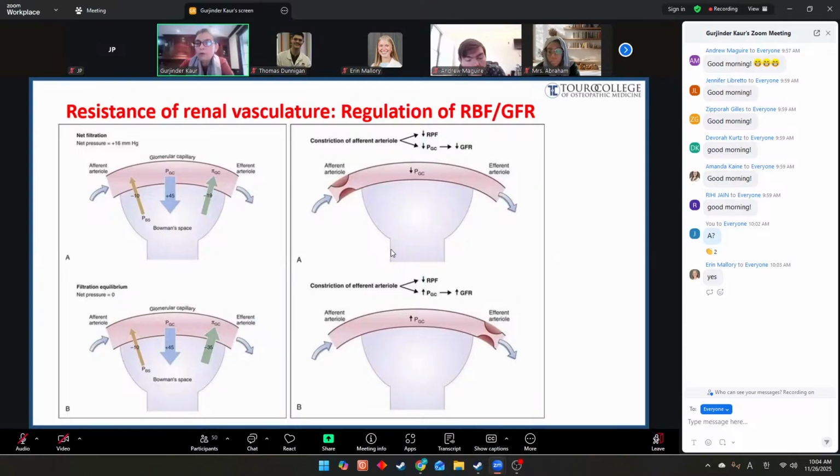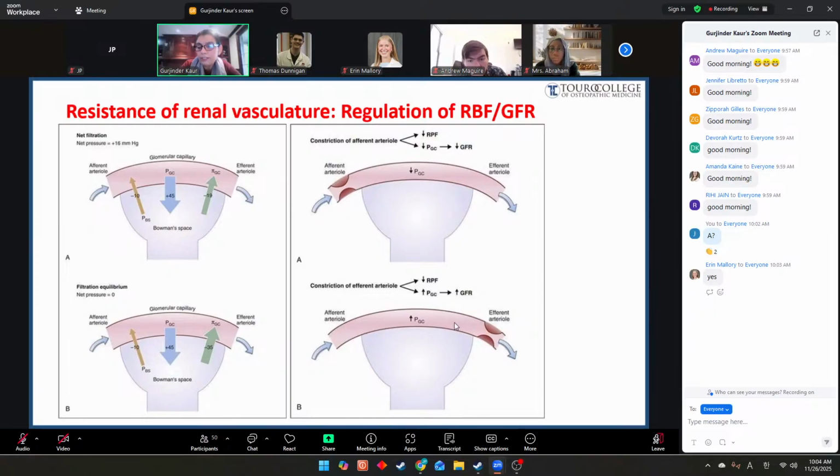Now let's talk about the low angiotensin levels. Low angiotensin levels work differently. Their major action is at the efferent side at the low levels. That's going to constrict the efferent on this side, and this will have the blood flow sitting here for a longer time.